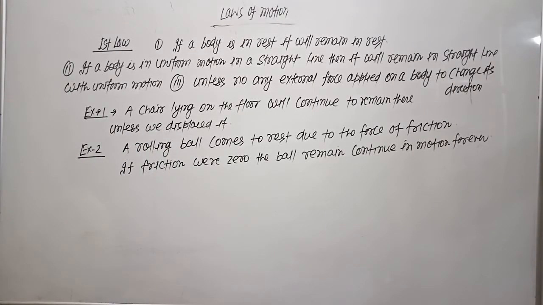If we apply an external force in a direction opposite to the force of friction, the ball remains in continuous motion. So this is the detail about the first law of motion.